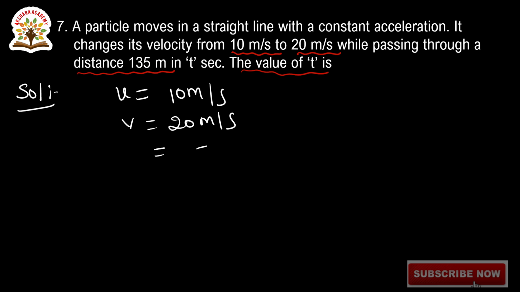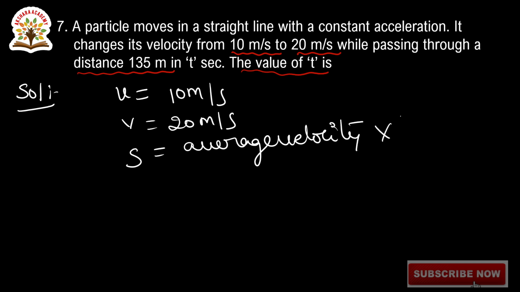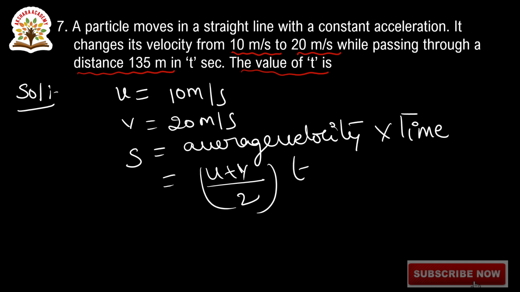S, the distance travelled, is equal to average velocity into time. Average velocity is u plus v by 2, so S is equal to u plus v by 2 into t.